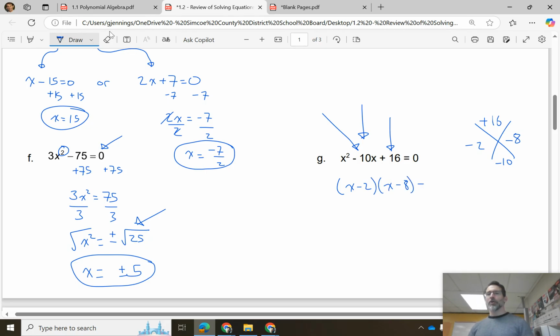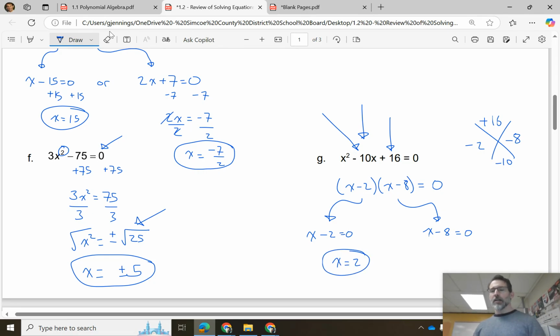Don't worry, not a lot of problems like this in our work today, but I just wanted you to recall this, see this. We will spend a lot of time reviewing this. This is proper new stuff for us. Like we do this like it's new in this course. So then we have two little equations. X minus 2 might be 0. That might be the little factor that makes that 0. Or x minus 8 might be 0. In this case, x will be positive 2, and in this case, x will be positive 8.